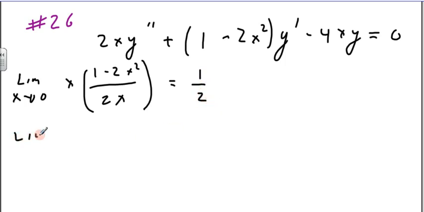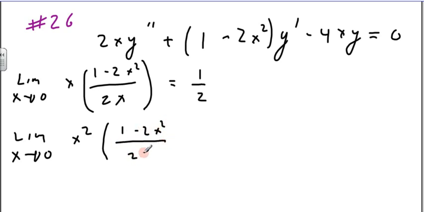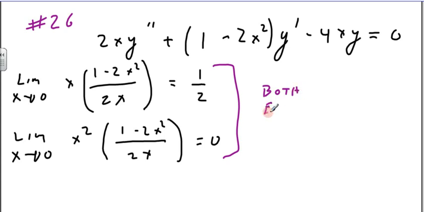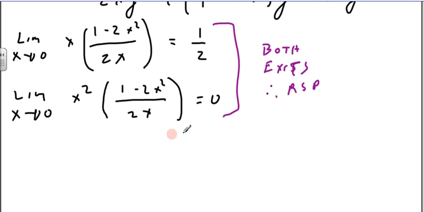And I'm going to look at the limit as x approaches 0 of x squared times 1 minus 2x squared over 2x. And I see that that's 0. Okay. Both exist. Therefore, I'm at a regular singular point, and the Frobenius method will work, so I can continue.